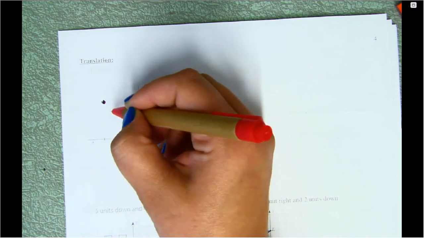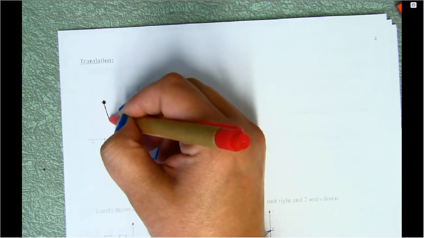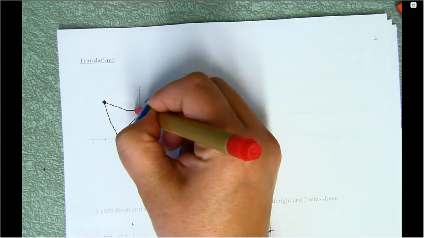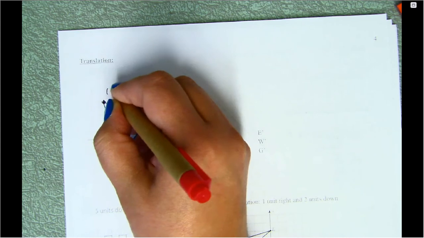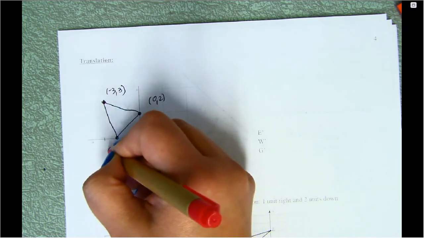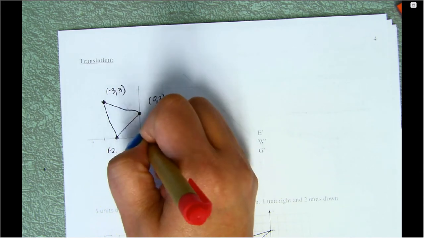Okay, and then negative 2, 0. So I have a triangle at 0, 2, negative 3, 3, and negative 2, 0.